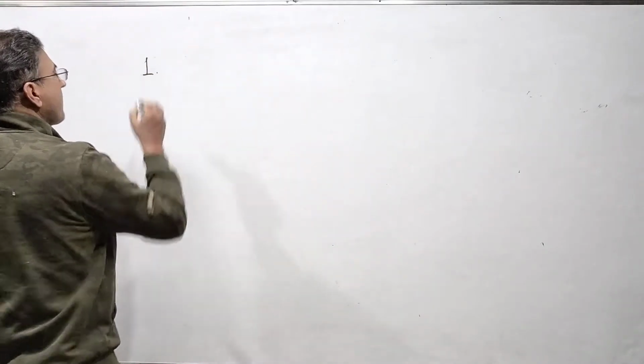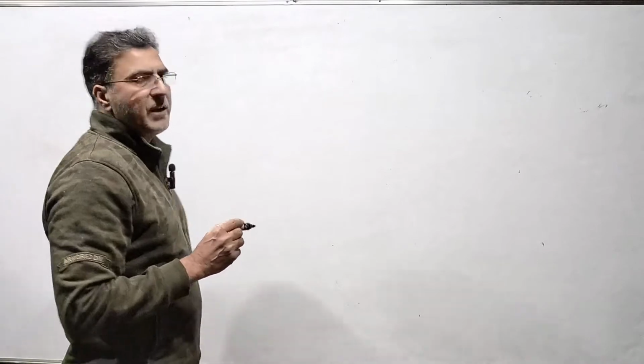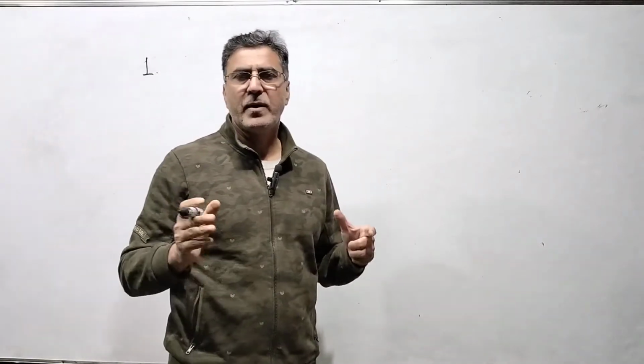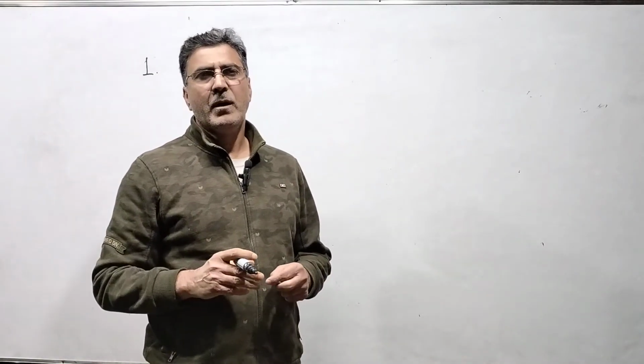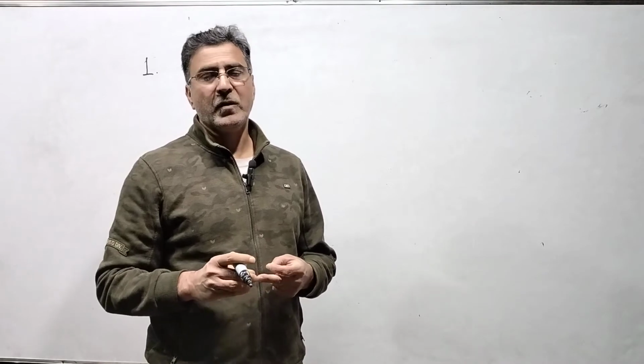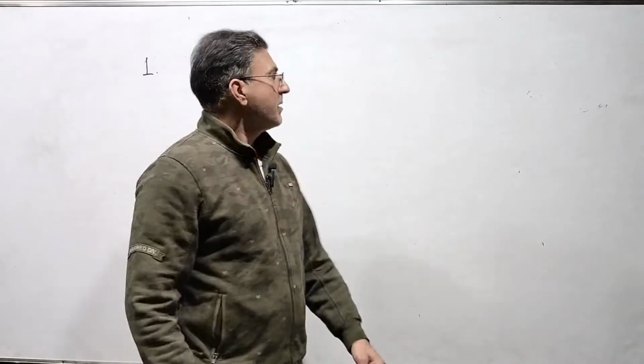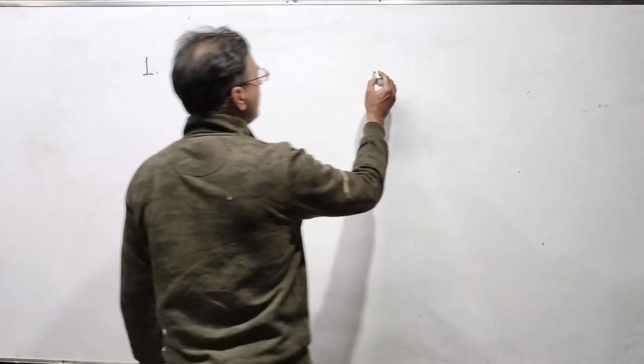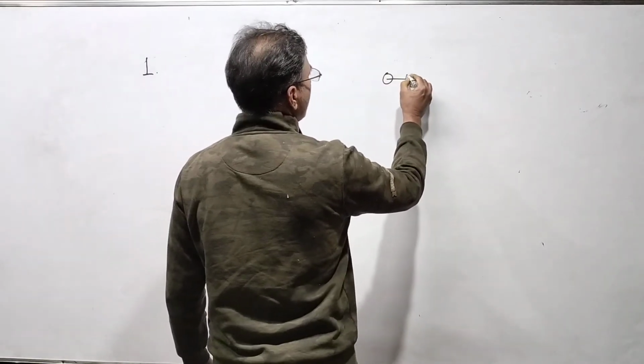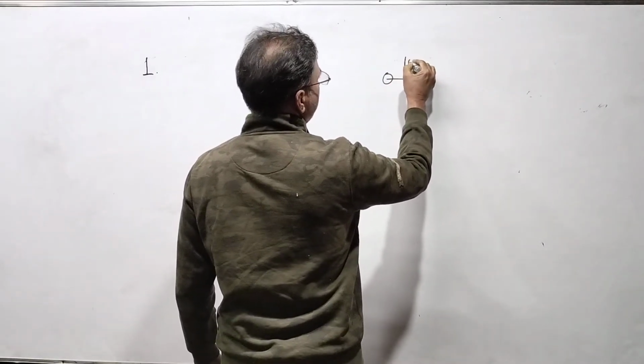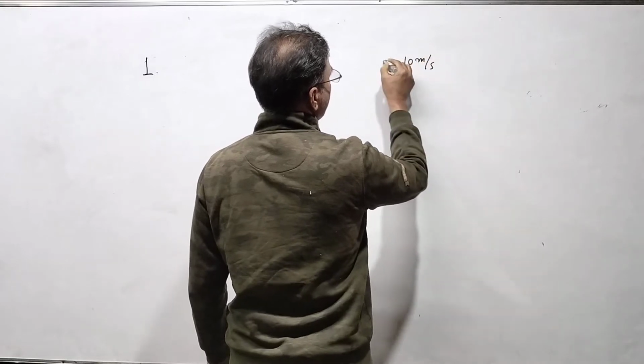I have to give you a special technique to find the relative velocity between two objects. Suppose you have a particle here moving with velocity, maybe 10 meters per second, velocity v1.